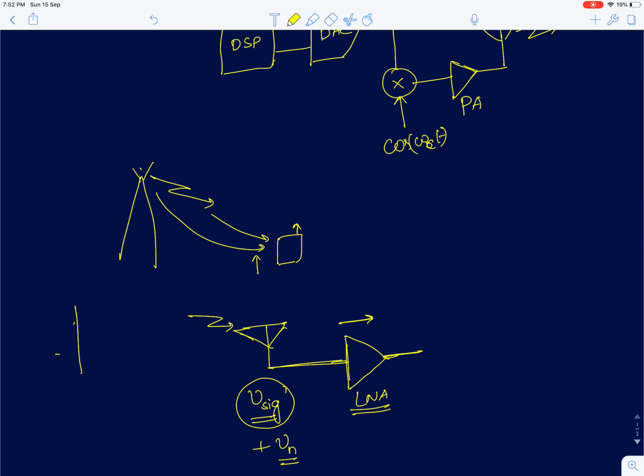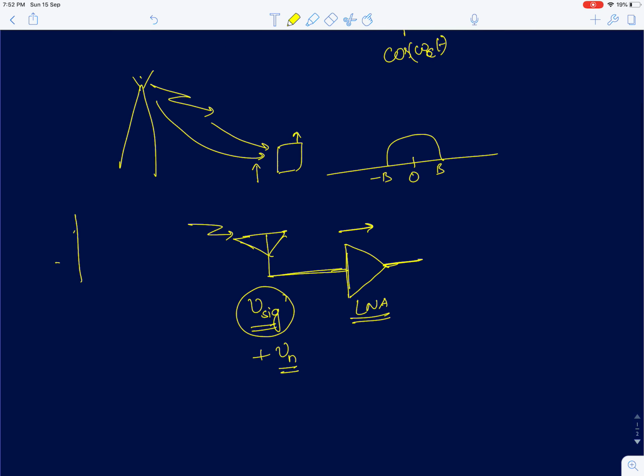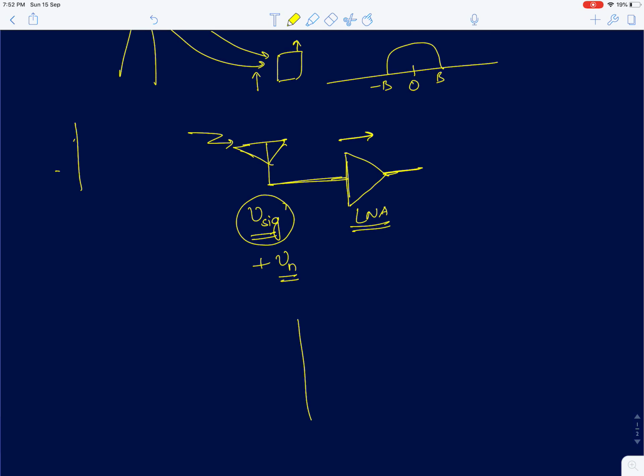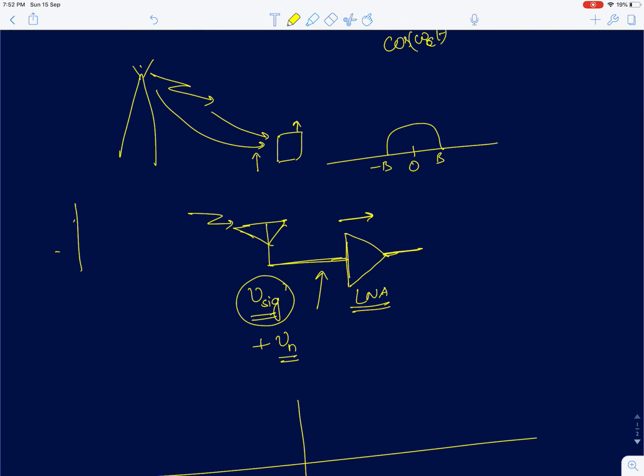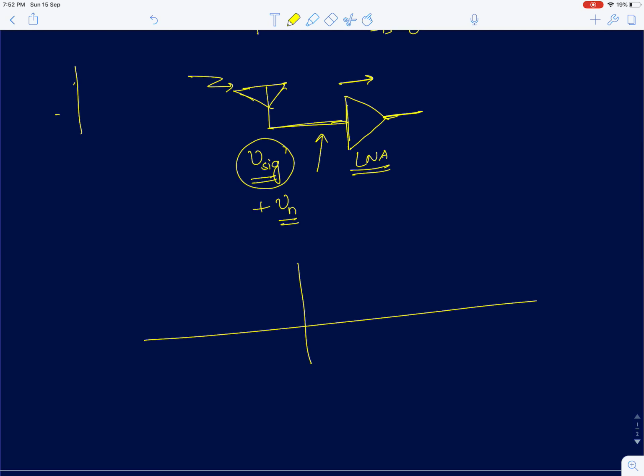Now, generally RF systems are what we call narrowband communication systems. So a low frequency signal will occupy energy around zero frequency or DC. A high frequency signal, on the other hand, seen by the low noise amplifier or the power amplifier, will be occupying a narrow band of frequencies around the carrier frequency Fc or omega c.